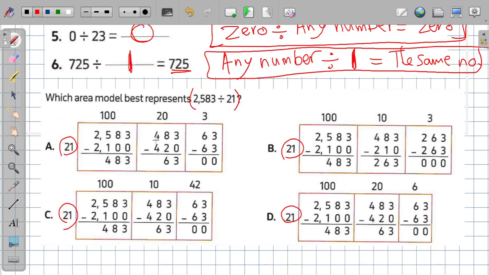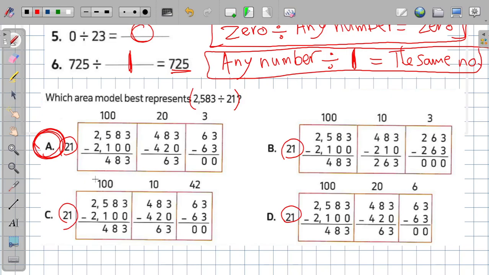I have 483 and I will take 42 because 42 is in the timetable of 21. 42 divided by 21 equals 2, and I have 1 0, so the result will be 20. And the remainder here will be 63. Next, I have 63, and I will take 63 because 63 is in the timetable of 21, because 3 times 21 is 63, so the remainder is 0. So I think this model is true. There are no mistakes in this model.